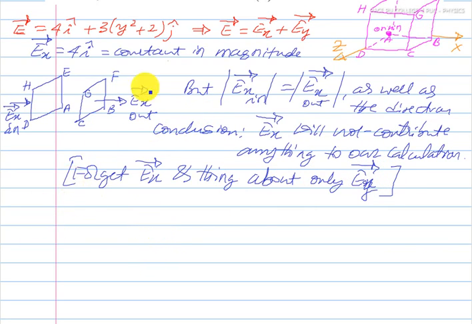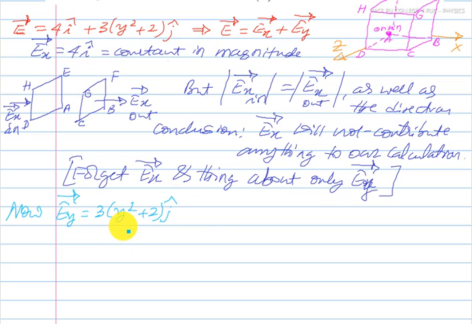So what actually is this Ey? Let me change the color. Now, Ey is (3 times y squared plus 2) j. But this is a function of y.